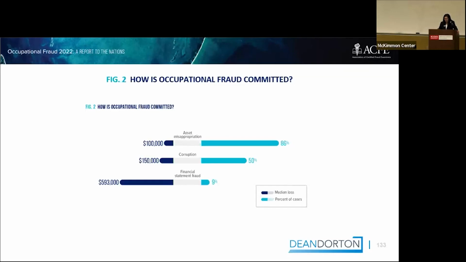You can see from this slide that 86% of occupational fraud is asset misappropriation, and the median loss is $100,000. Corruption is 50% of the cases, and it's $150,000, so a little bit more expensive of a median loss. That is a fraud scheme in which an employee misuses their influence in a business transaction in a way that violates their duty to the employer in order to gain a direct or indirect benefit.